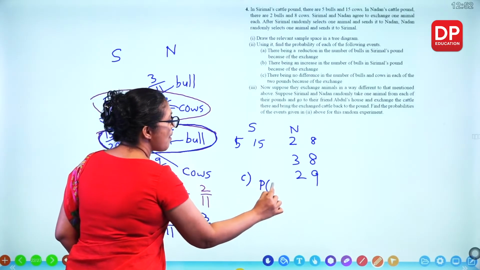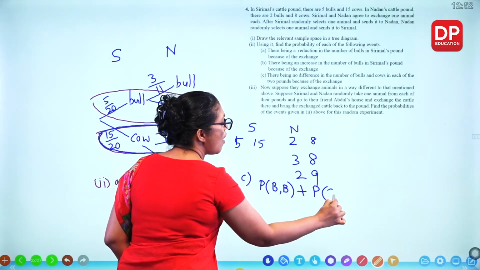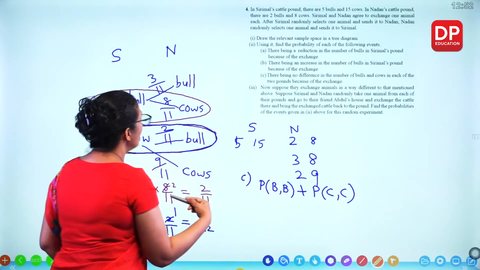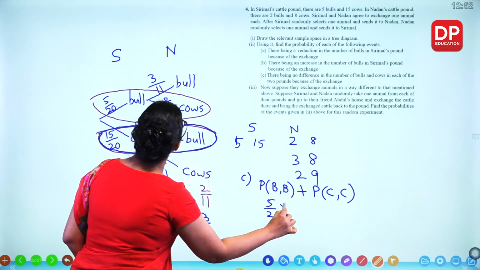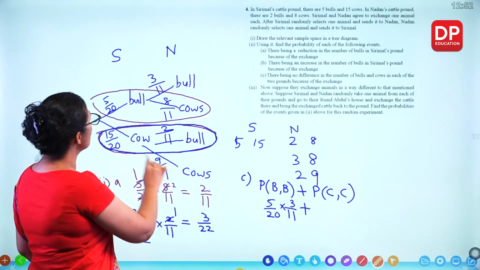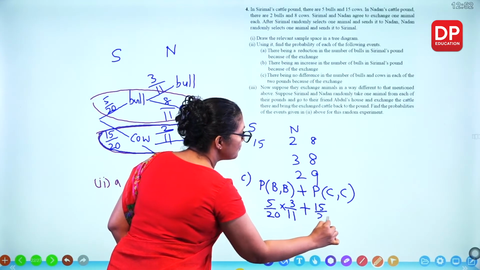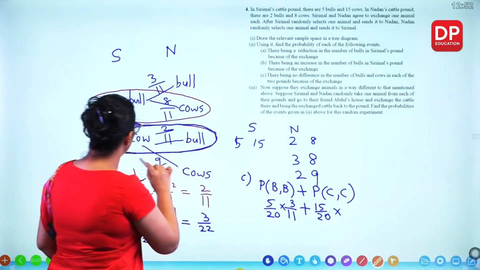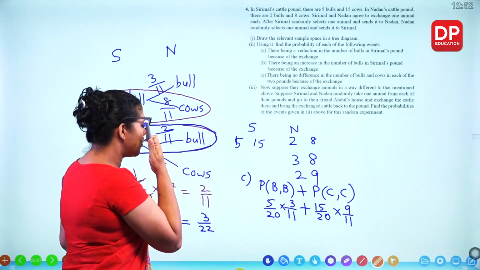So bull and bull, you get 5 over 20 into 3 over 11 plus this branch, you get 15 over 20 into 9 over 11. So what you get?